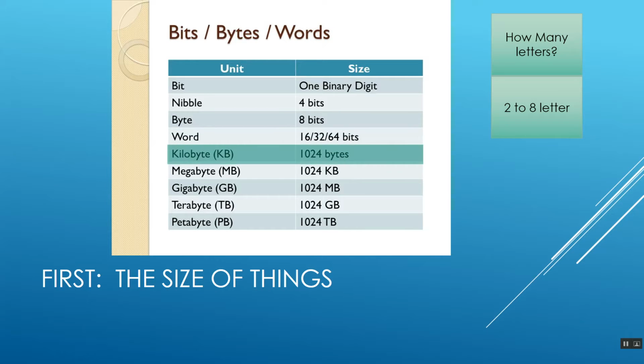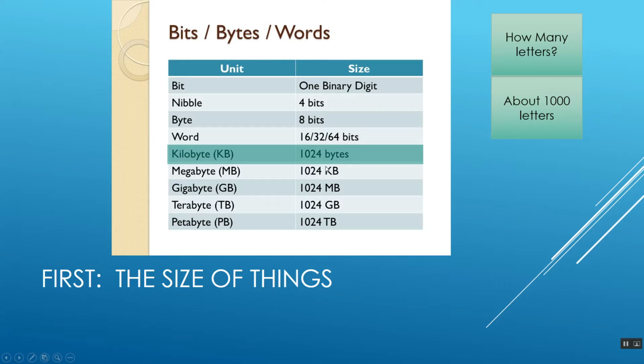Now, the first thing most people do hear about, kilobyte. At this point, this is 1024 bytes. If a byte's a letter, then 1024 bytes would be about 1,000 letters. I'm going to round down, but you've got about 1,000 letters here. So if I went to Word and typed 1,000 letters, I'd have a kilobyte of information.